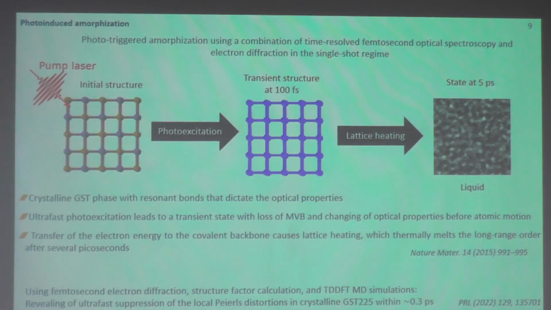So now there is also a model called photo-induced amorphization. It's similar to the model based on the high distortion model in the sense that it's considered a non-thermal phase transition.